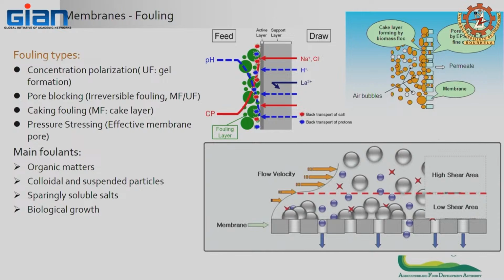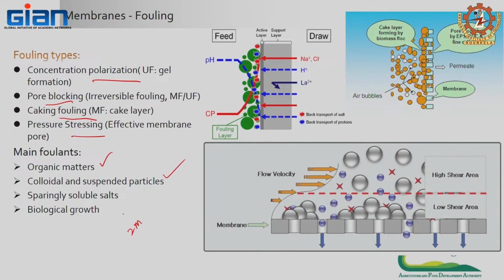Now, we talk about the problems. First and foremost is fouling. You have seen when you use a sieve, some of the stuff is trapped in the mesh. Suppose it is 2 micron, and a particle is exactly 2 micron, it will clog. So, that is formation of gels, pore blocking, caking, that is a cake layer is formed, or because of pressure some of the membrane pores are wide open and stuff is stuck.